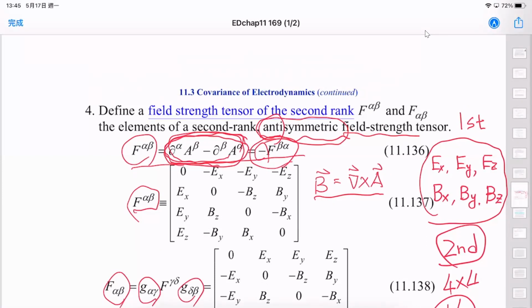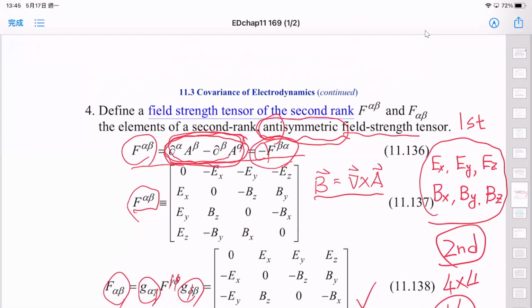Sum over delta, sum over gamma. Then we will obtain this one. What's the difference? Just differ by a minus sign. Positive becomes negative, and negative becomes still negative.